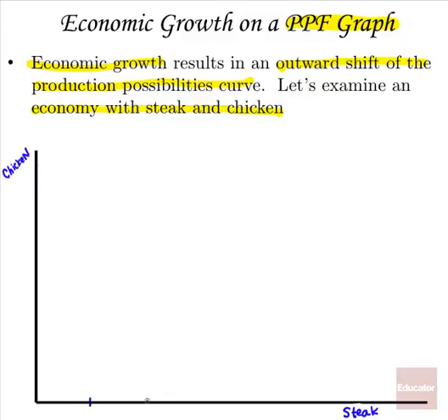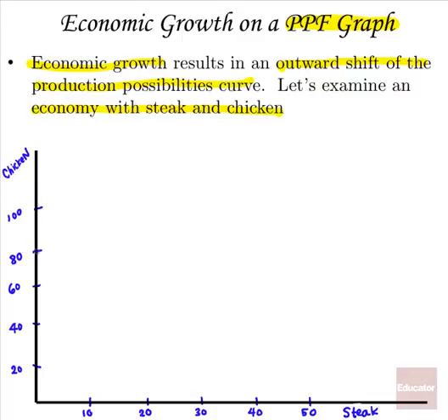Let's put different numbers here. So let's say you can make 10, 20, 30, 40, 50 steak here. And here, let's go by 20s: 20, 40, 60, 80, and 100.